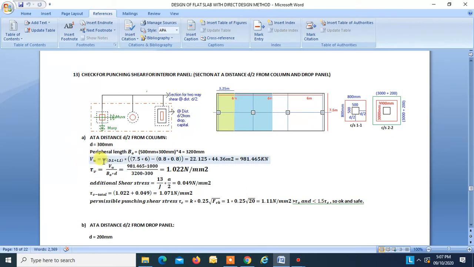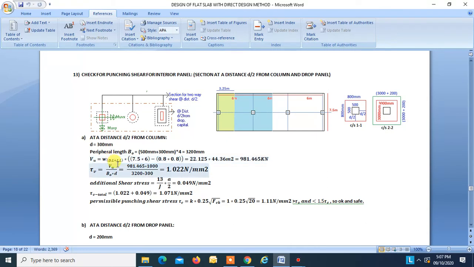Now Vu is equal to the load acting on this area minus this area. That will give the area outside this periphery. So this area minus this area into load will give us the total Vu, that is 981.465 kilonewton.